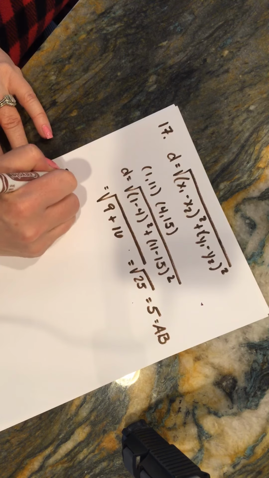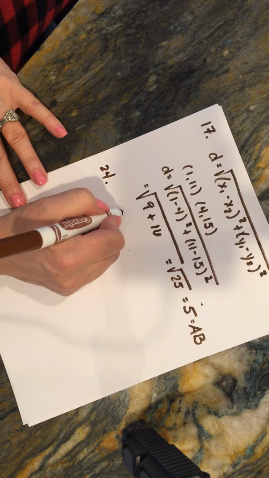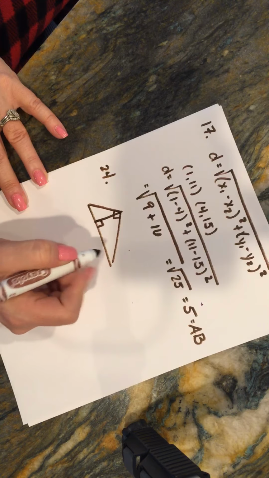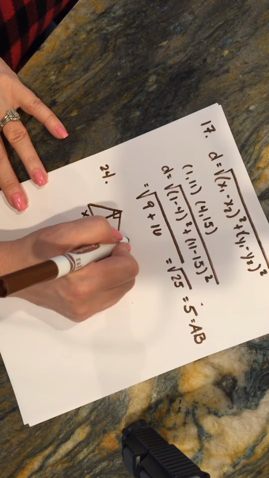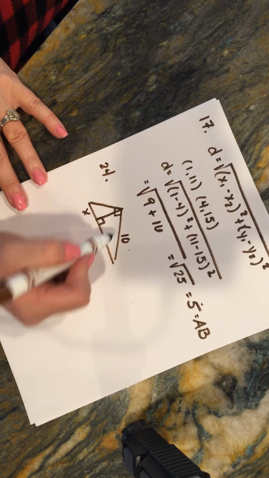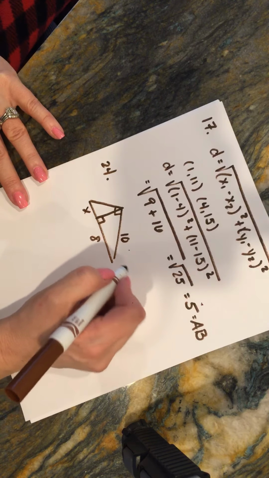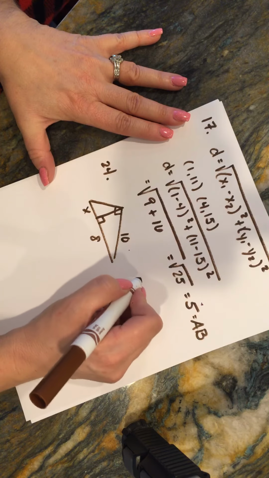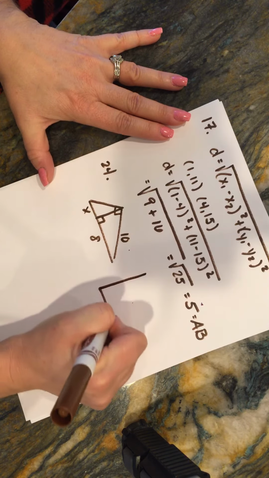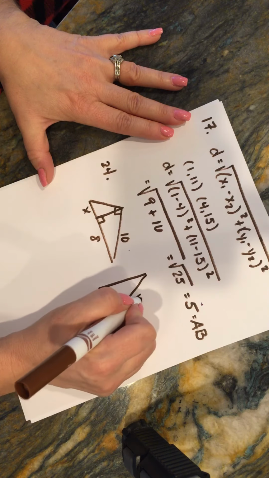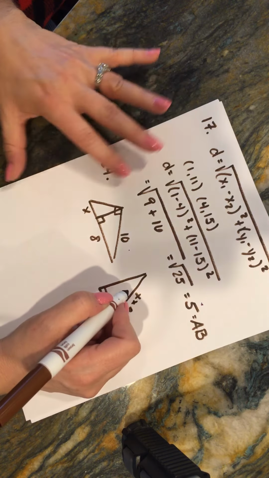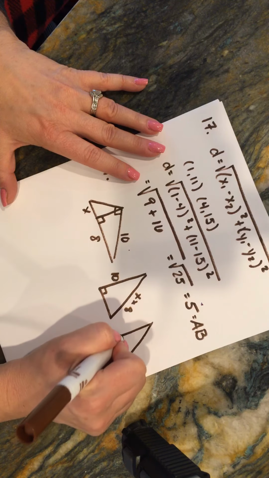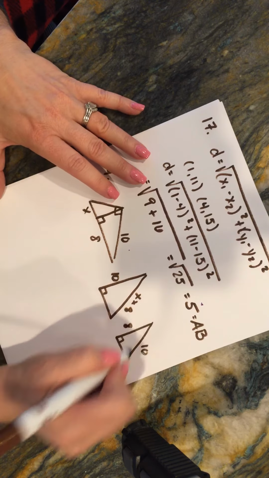And then 24, let's do 24 as well in this section. We've got one of these right triangles with an altitude in it again. These are getting old, aren't they? X, 8, 10. So it looks like we're using the large triangle and the medium triangle. Large triangle, the hypotenuse is x plus 8, and the longer leg is 10. For the medium triangle, the hypotenuse is 10, and the longer leg is 8.